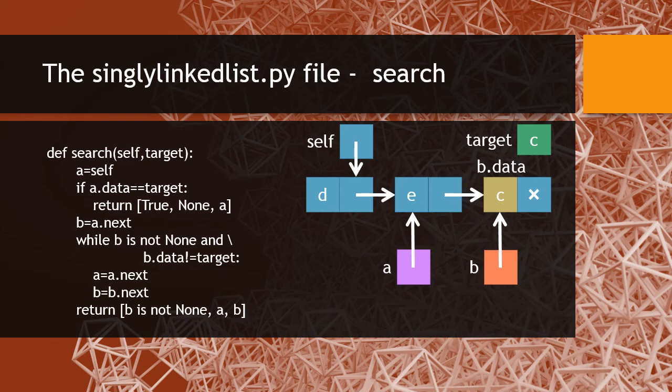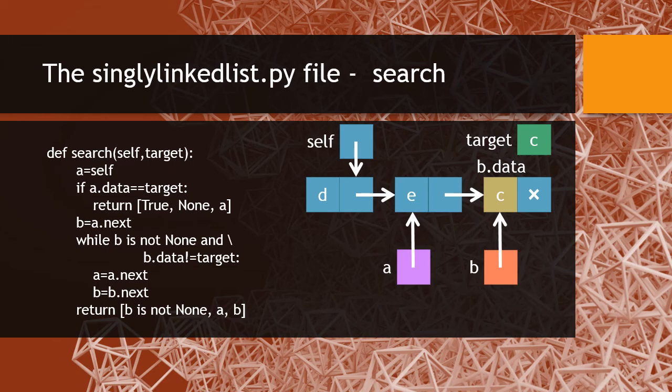Look at my picture. You say that A is pointing to the node before the node containing C and B is pointing to the node containing C. The next step is to return. Make a comparison. B is not none.